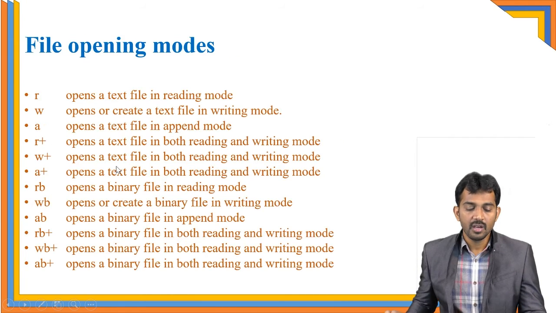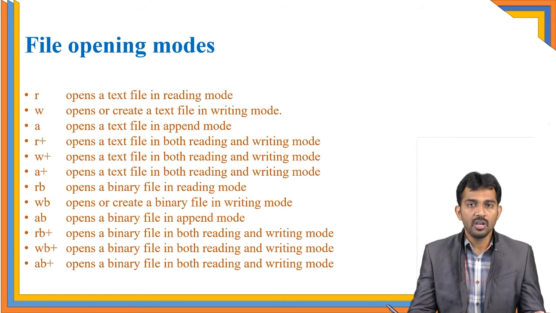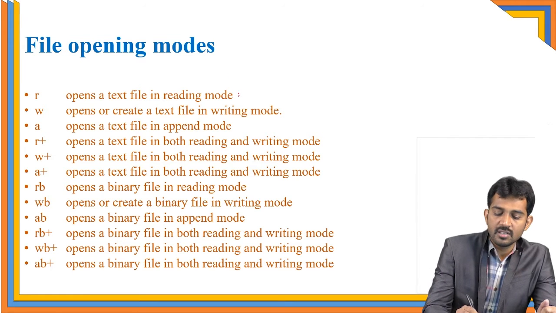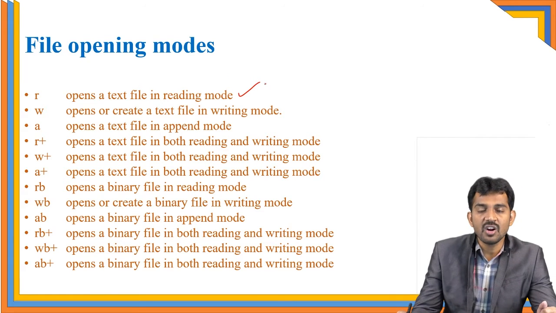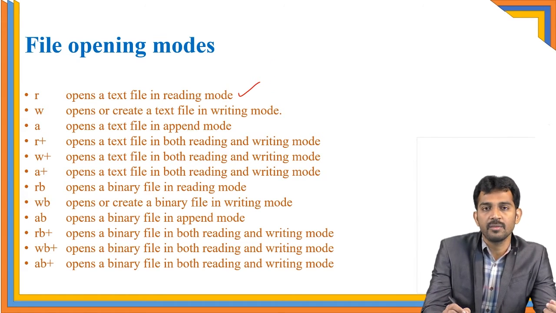These are the functions available. Modes: read mode, write mode, append mode, read plus mode, write plus mode, append plus mode. If you open a file in read mode and the file is not available, it is going to generate an error. It generates an error, meaning the file does not open.